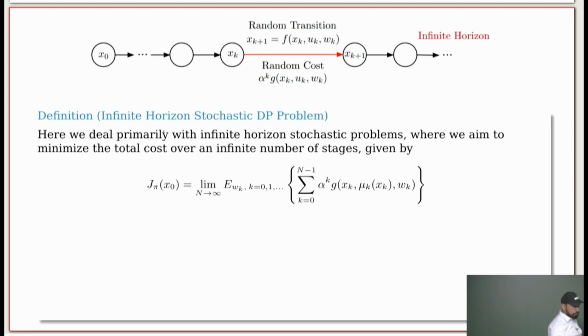If I expand this, it will be alpha to the 0, then alpha to the 1, then alpha to the 2, and so on. So in this sum, do I give less importance to some of the terms as k grows? If alpha is between 0 and 1, then as k grows, it goes towards 0. Now if alpha is close to 1, like 0.9, then it goes to 0 but slowly. If alpha is 0.1, then it goes to 0 very fast.